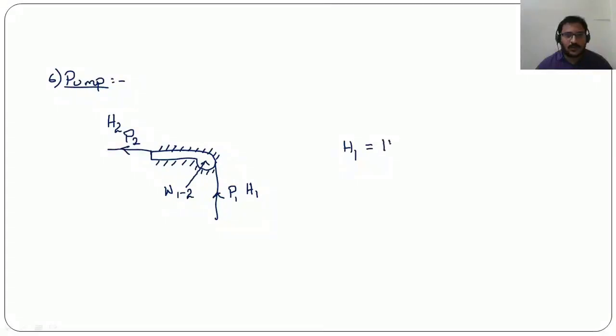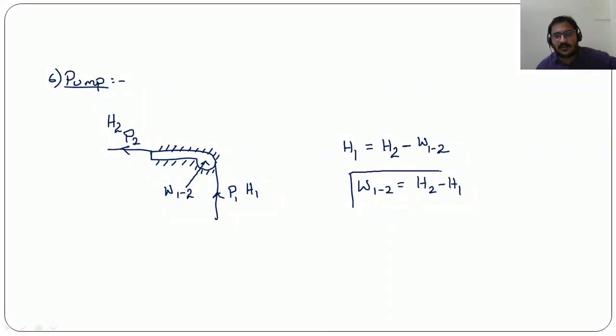This will be equal to H2, the enthalpy with which the water is leaving the pump, minus the amount of work input that we are giving. So as work input is given, we need to put minus sign here. So work input here will be equal to H2 minus H1. So this is the formula for work input to the pump.